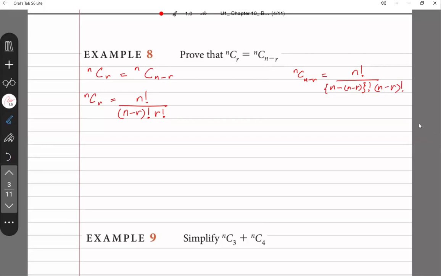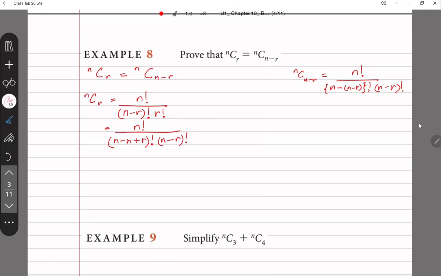Now, you'll notice in both the left side and the right side, we have n minus r factorial. So I'm not going to touch the n minus r factorial. Here's what I'm going to do. For the r factorial, I'm going to write n minus n plus r in the bracket.